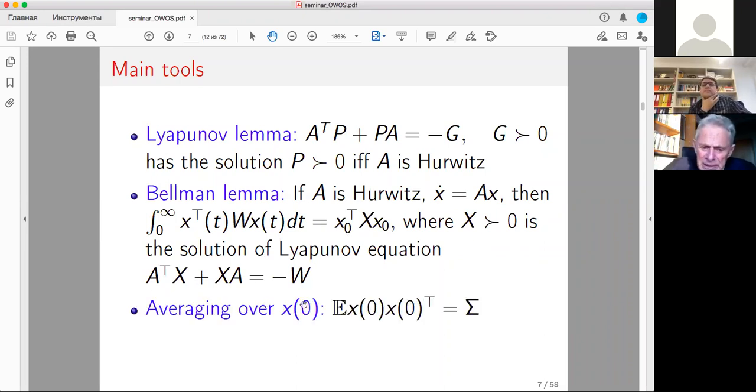Okay, and the next minor technique is, well, instead of dealing with one initial condition, we can assume there is a set of initial conditions. Well, for instance, they are random, and we average over all these initial conditions, and we have a covariance matrix for these initial conditions equal to sigma.